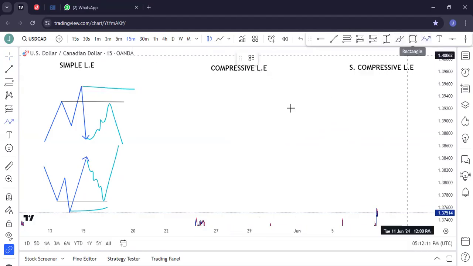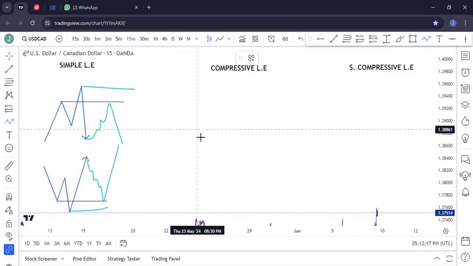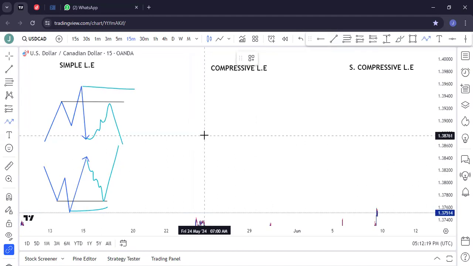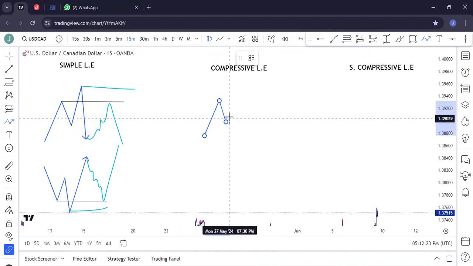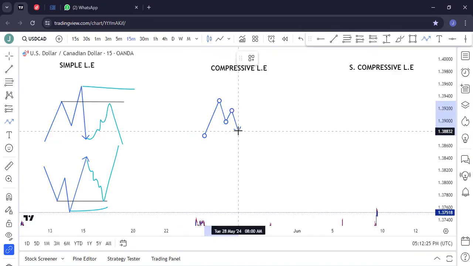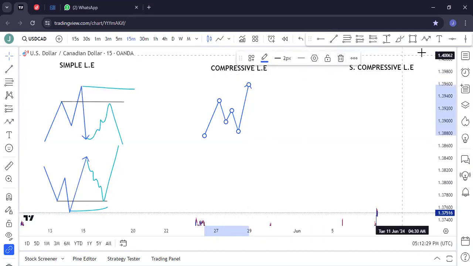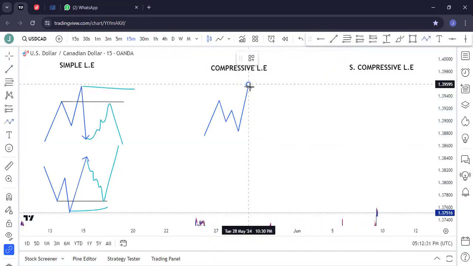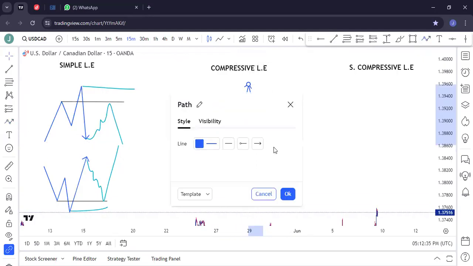The compressive liquidity engineering is simply like this. It's when the market creates a trend like this, then breaks. After it breaks there, the market changes the character.